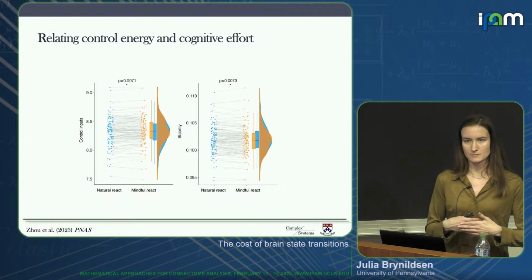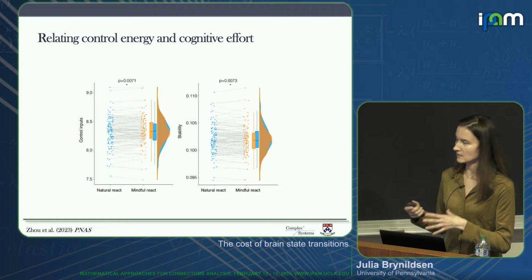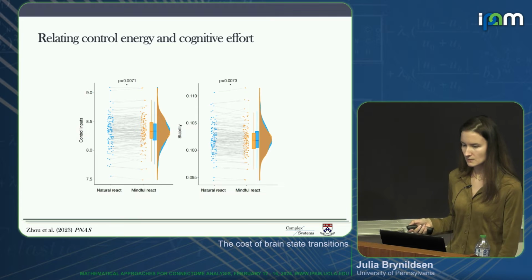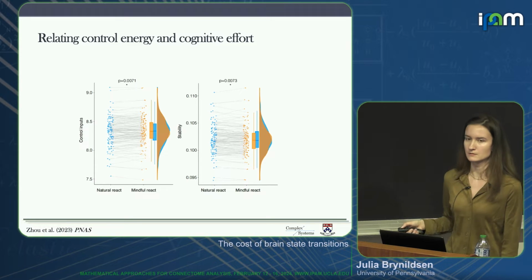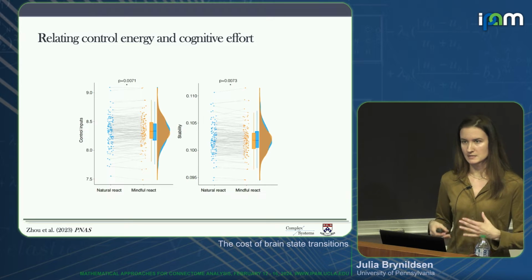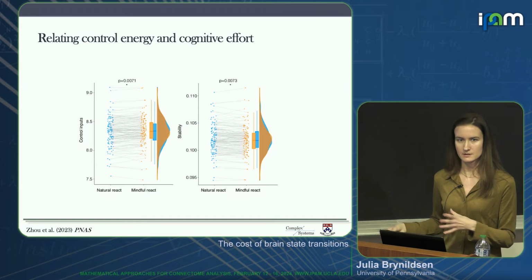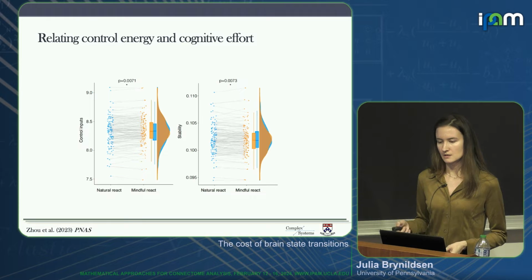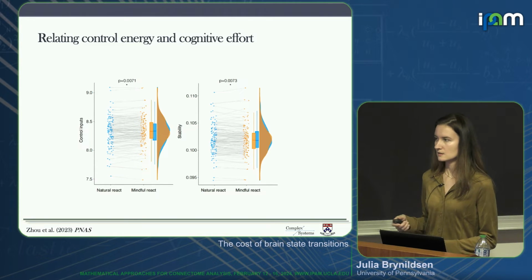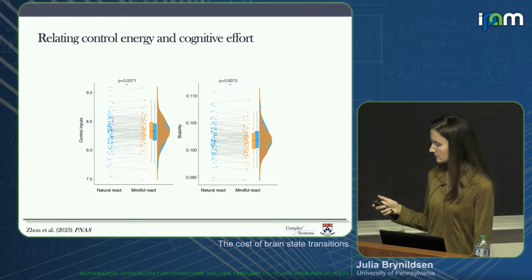So this is a case where we're going from an initial state of 0 to mindful or natural react beta weights. And then also we observed that the mindful react condition was lower in stability, meaning that it was more costly to maintain that neural activity state. The brain is more likely to transition out of that state. So this is consistent with the idea that evoking a cognitive regulation strategy is more effortful, requires more input than just reacting naturally.